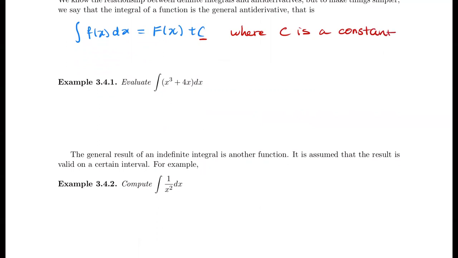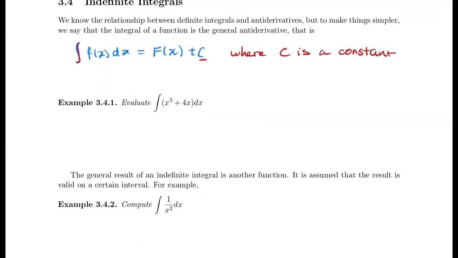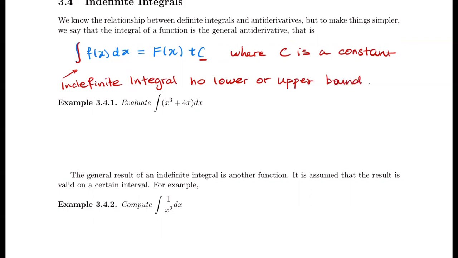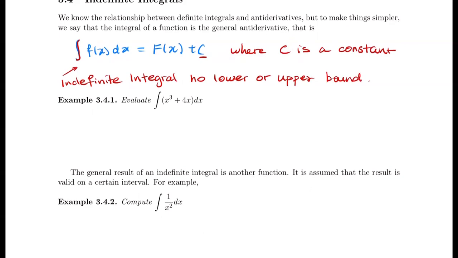Well, this symbol over here, if we don't have the bounds, the lower bound and the upper bound, we say that this is an indefinite integral. And we know that it has no lower or upper bounds. And also, remembering that f prime of x, if we take the derivative, is the same as the derivative of F of x.